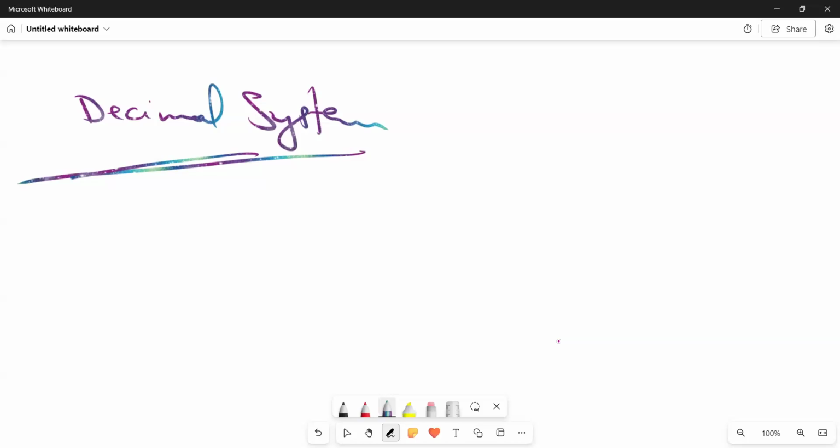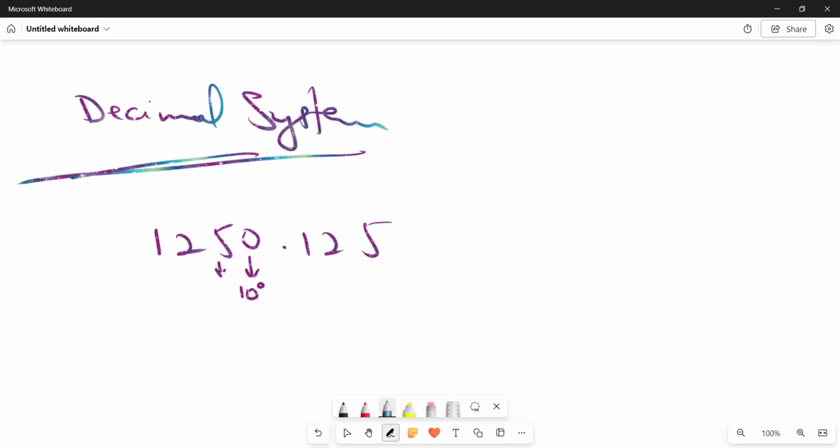So let's take a number, 1,250.125. What is happening here is that for each digit, the place value is a power of 10. Down here, the place value of the 0 is 10 to the 0, or what I call ones.